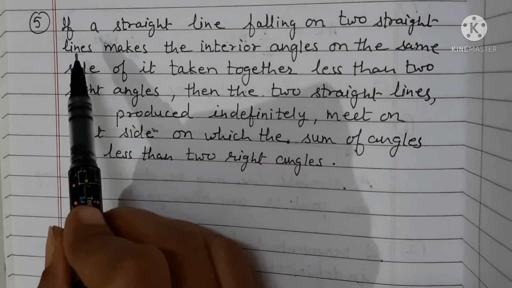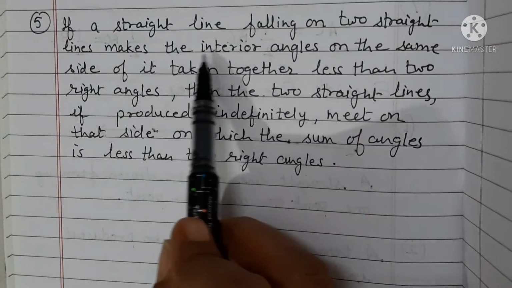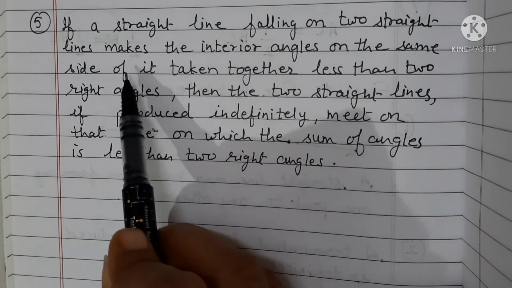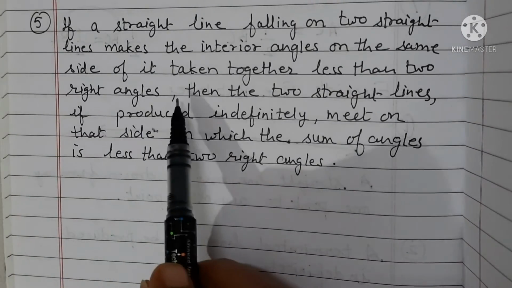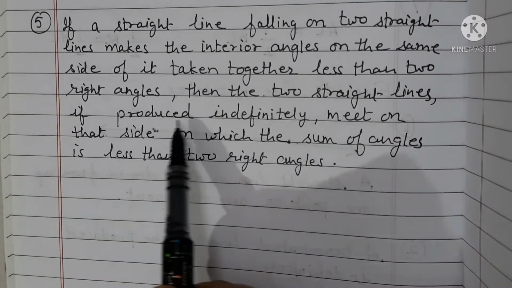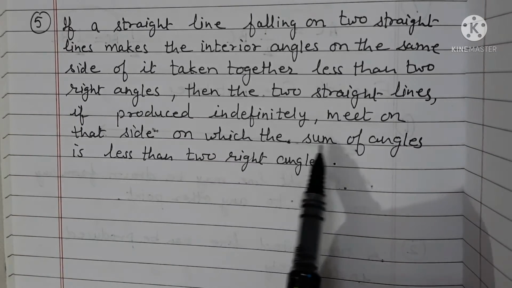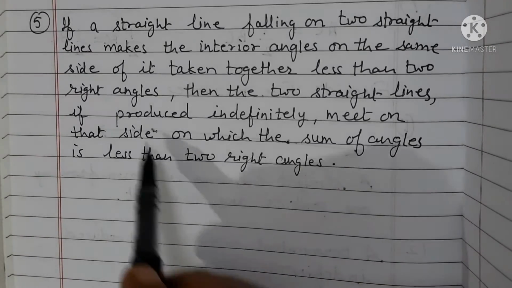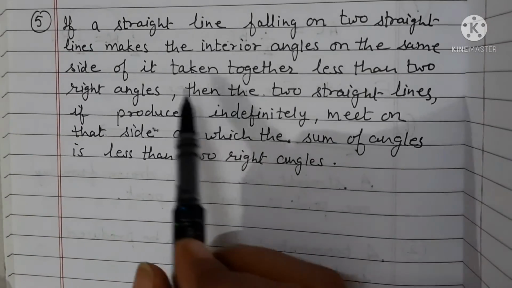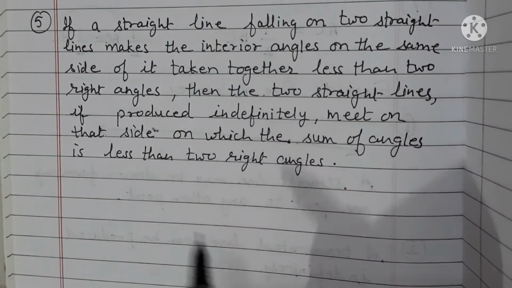Now the fifth postulate: if a straight line falling on two straight lines makes the interior angles on the same side of it taken together less than two right angles, then the two straight lines, if produced indefinitely, meet on that side on which the sum of angles is less than two right angles. What does the postulate say? A straight line falling on two straight lines.